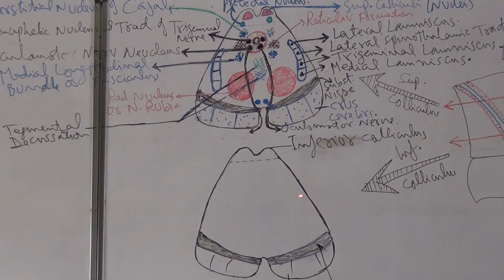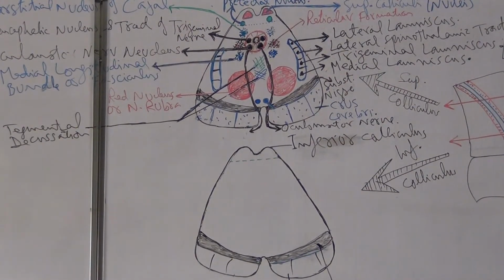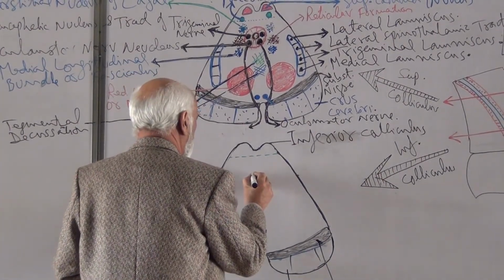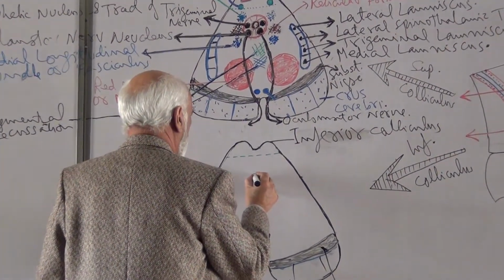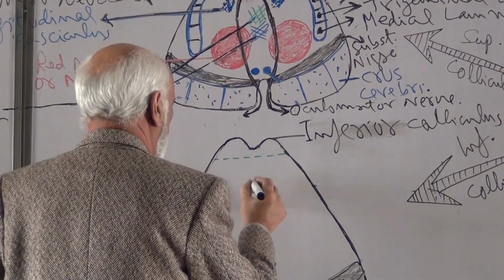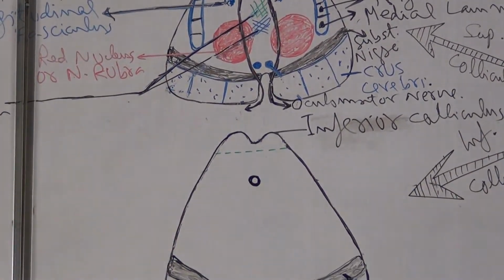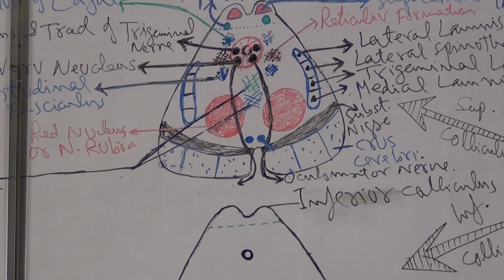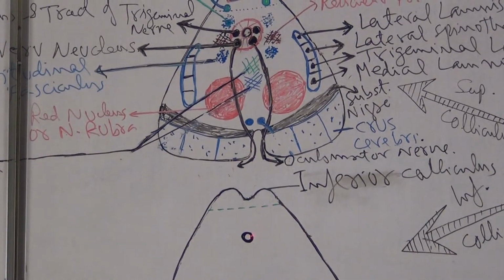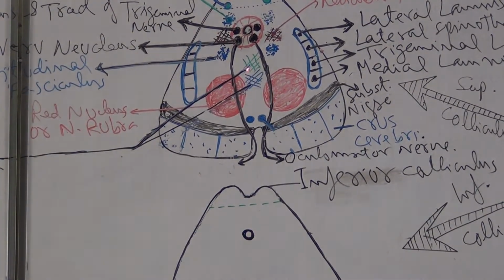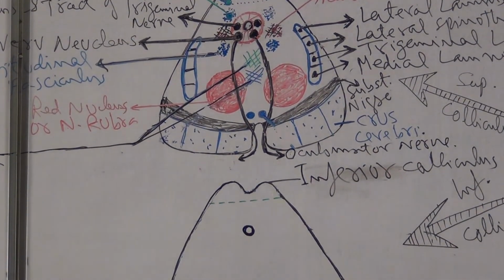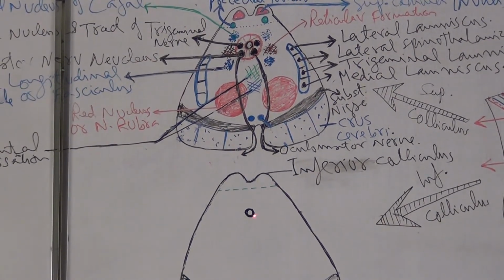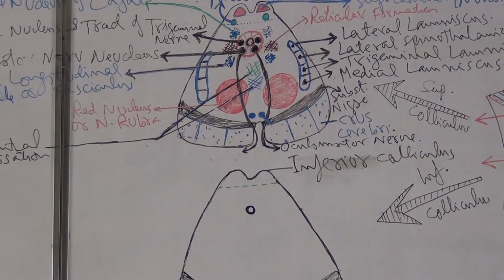So the tegmentum of the midbrain is traversed by the cerebral aqueduct in the center. The cerebral aqueduct of the midbrain upper half continues downwards into the lower half also, lined by ependyma, and through it the cerebrospinal fluid flows, and it connects the third ventricle with the fourth ventricle.